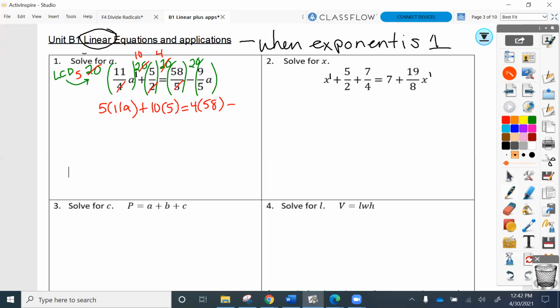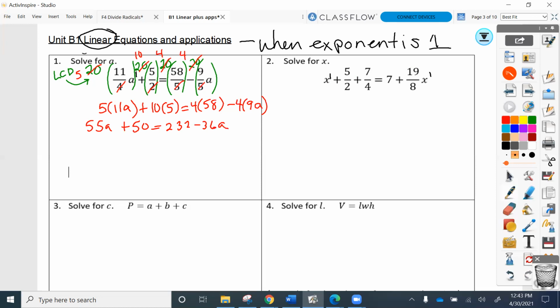Here's the minus sign from the problem. 5 goes into 5 once, 5 goes into 20 4 times, and I'm left with 4 times 9. Oops, 4 times 9A. So then you just simplify that. So you'll get 55A plus 50 is equal to 232 minus 36A.